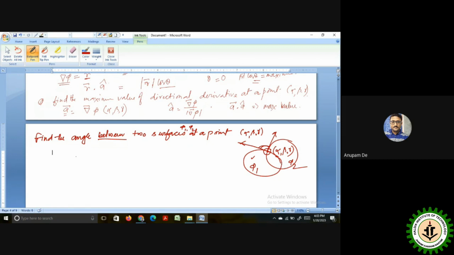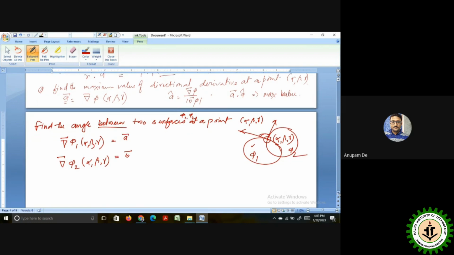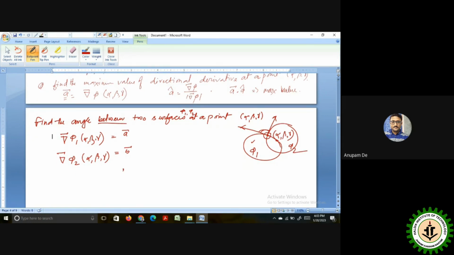So first of all I will find grad phi 1 at the point alpha beta gamma and grad phi 2 at the point alpha beta gamma. We get two vectors, say this is A and this is B. Now I need to find the angle between the vectors. What is the formula for finding the angle between the vectors? From the definition of dot product, A dot B equals mod A into mod B into cos theta.